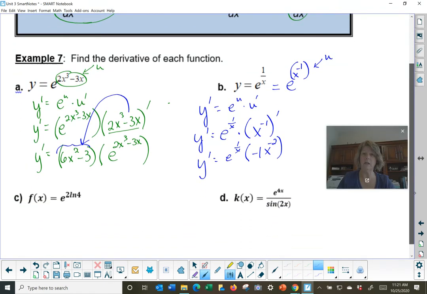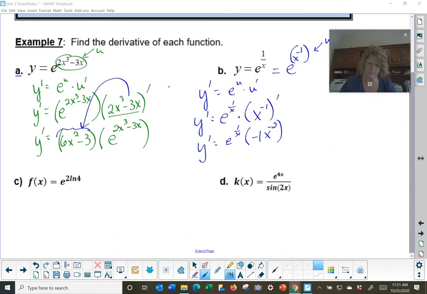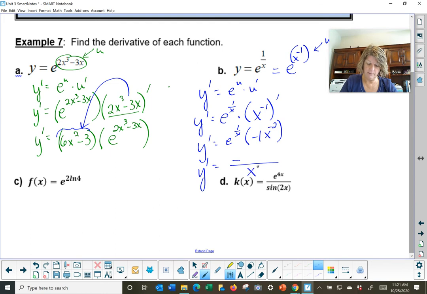And now let's just clean it up a bit. And I get y prime equals, well, it's definitely negative. The x to the negative 2 will drop to the bottom. The e stays up in the numerator, right, because that's like over 1. And I think that looks about as concise as it can be written.